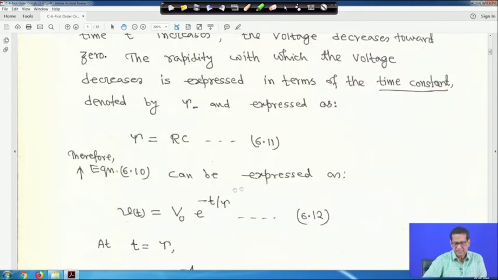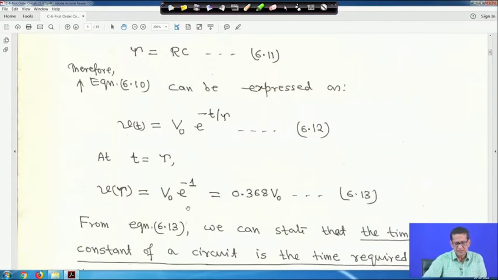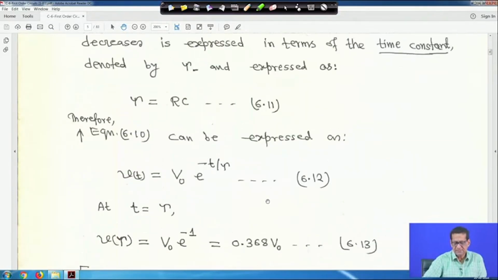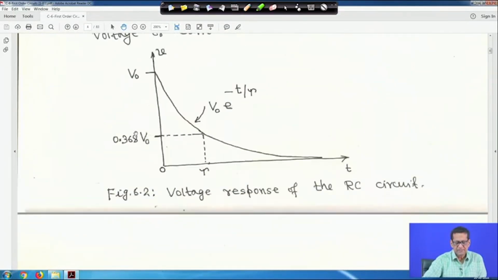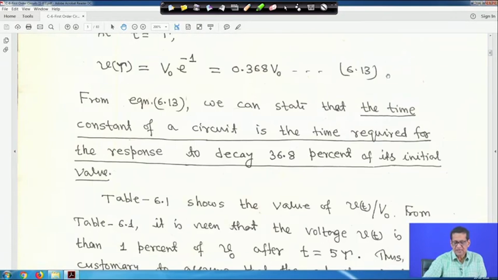Therefore, equation 10 can be expressed as V t is equal to V 0 e to the power minus t upon tau, I told you. So, at t is equal to tau, V tau is equal to V 0 e to the power minus 1, that also I told you, is equal to 0.368 V 0. That means from equation 13 we can state that the time constant of a circuit is the time required for the response to decay to 36.8% of its initial value.